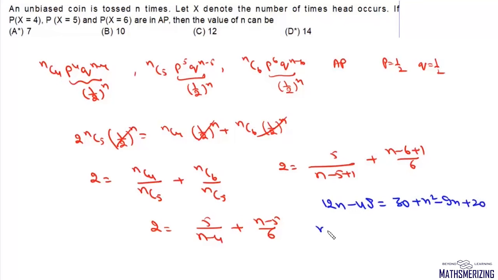So it will be n square minus 21n plus 98 equals 0. Now this is 14 into 7 and 14 plus 7. So if we solve this, we'll get the value of n as either 7 or 14. And that's your options A and D.